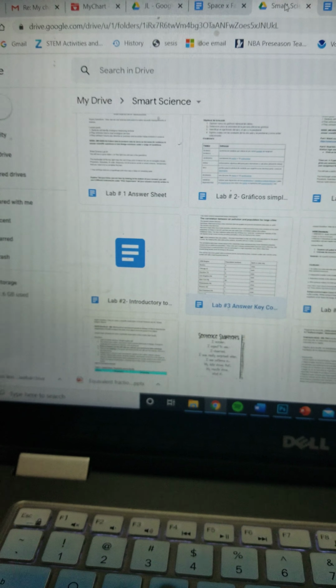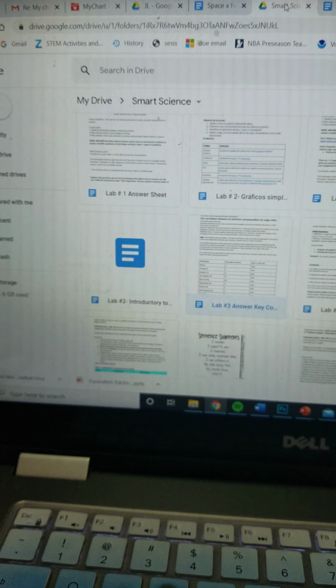The only thing you really need to do with Smart Science is look at this area right here. I'm going to click play just so I can get that little cartoon animation out of the way.